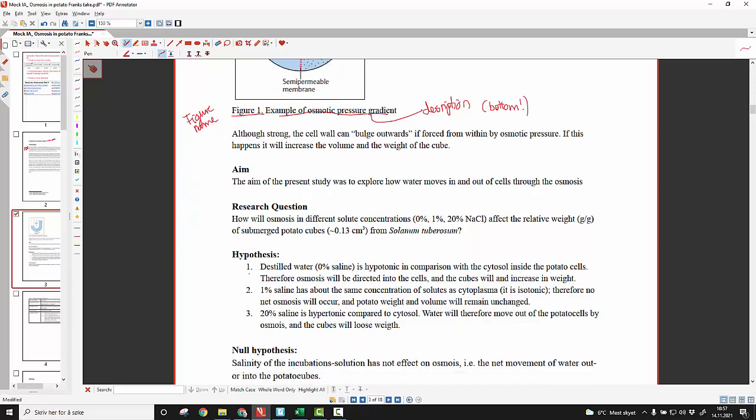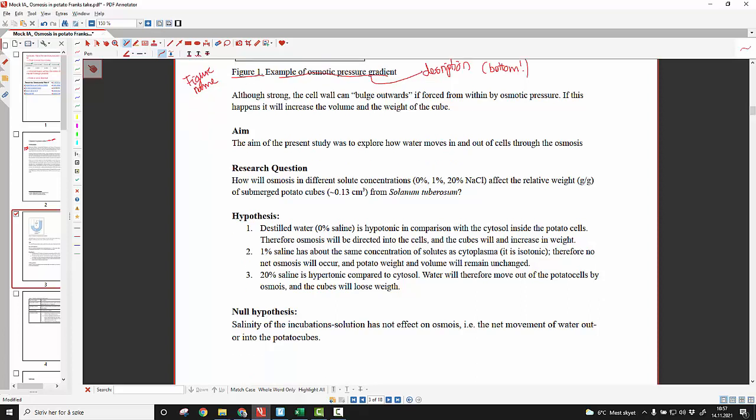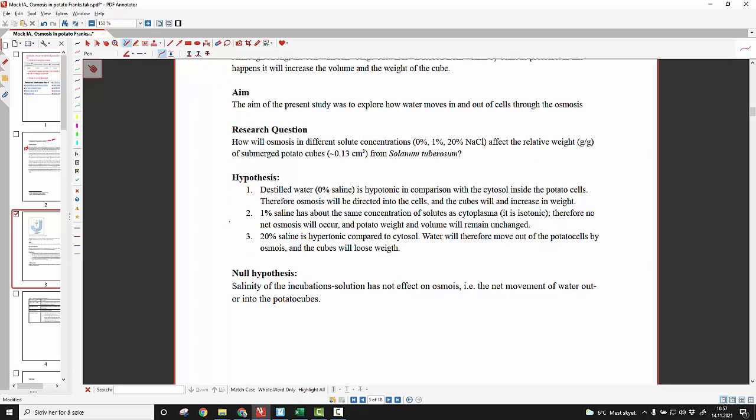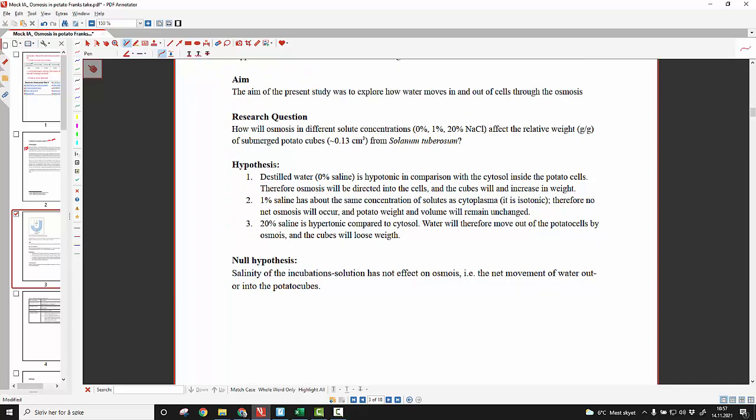So here then we have the aim of the study. What are we intending to do here? Then the research question, and I will come back to a very good way of designing the research question. But then we come to the hypothesis, and the hypothesis is where you say what you think will happen based on your knowledge in the subject.